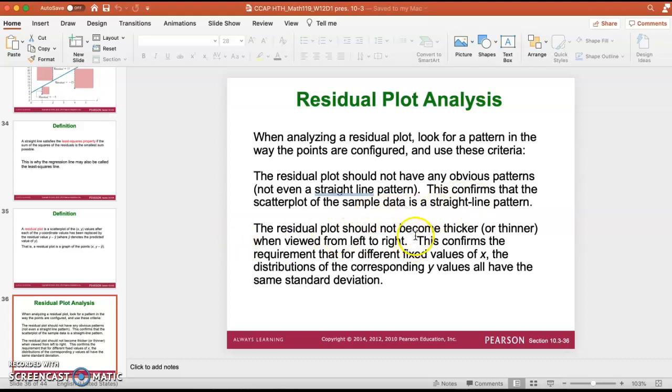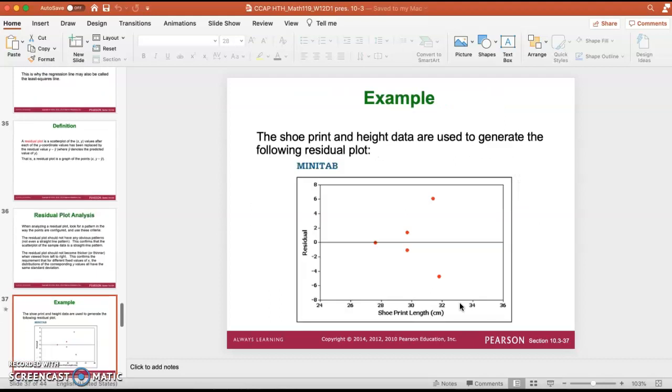Then the residual plot should not become thicker or thinner when viewed from left to right. This confirms the requirement that for different fixed values of x, the distributions of the corresponding y values all have the same standard deviation. And that's just a fancy way of saying, with both of those paragraphs, that we want it to stay closest to zero for the residual plots.